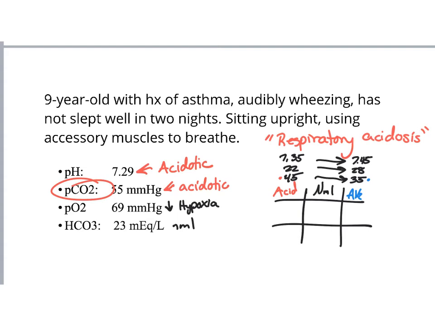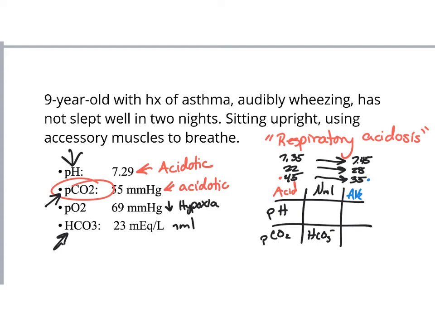We start with our pH. So 7.29 we said was acidotic. We're going to write pH in the acidotic column. Then our PCO2 was also acidotic. PCO2 goes in the acidotic column. And then our bicarbonate is normal, so that goes in the normal column.